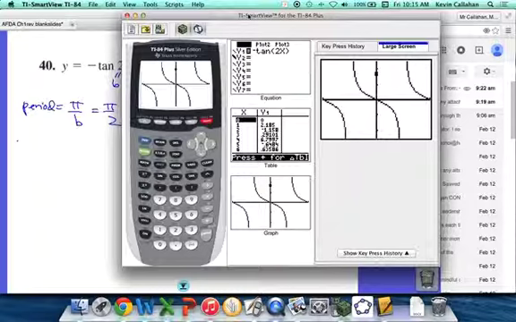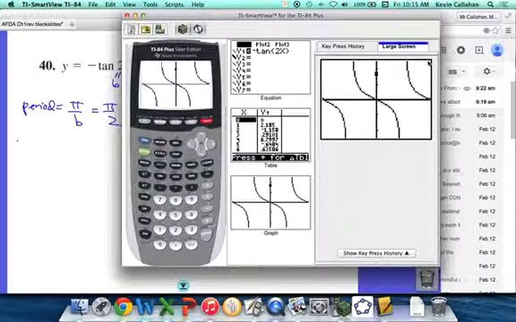So when you sketch it, you should include the asymptotes. I mean, you can see where they're at, right? They're right here and right here. And then label asymptotes in the window, right? Negative pi over 2 to pi over 2.